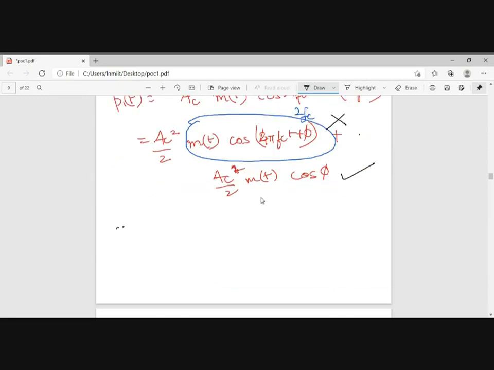So the output of the LPF, let's call it p(t), will be Ac²/2 m(t) cos φ.